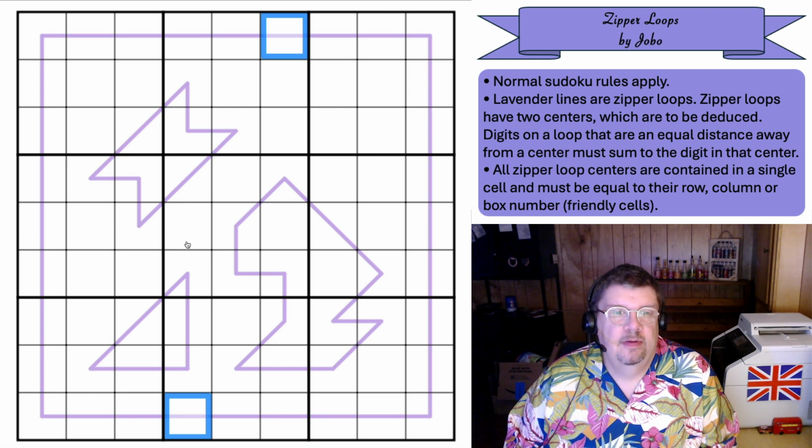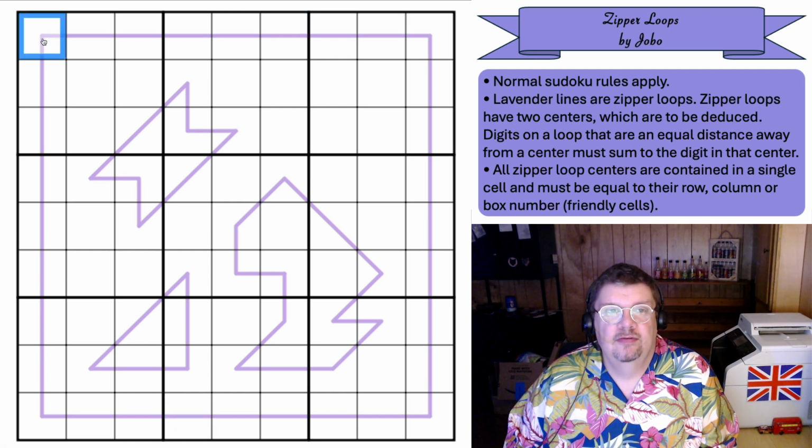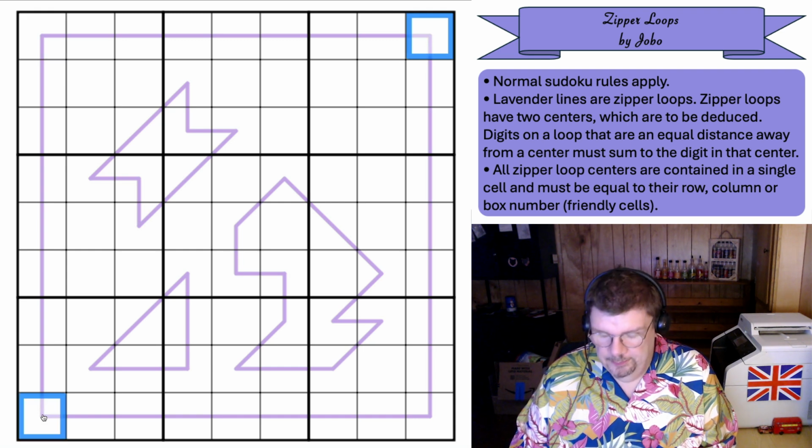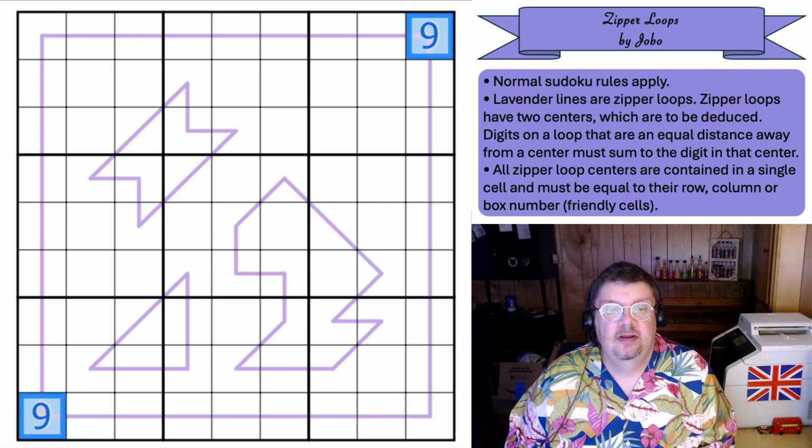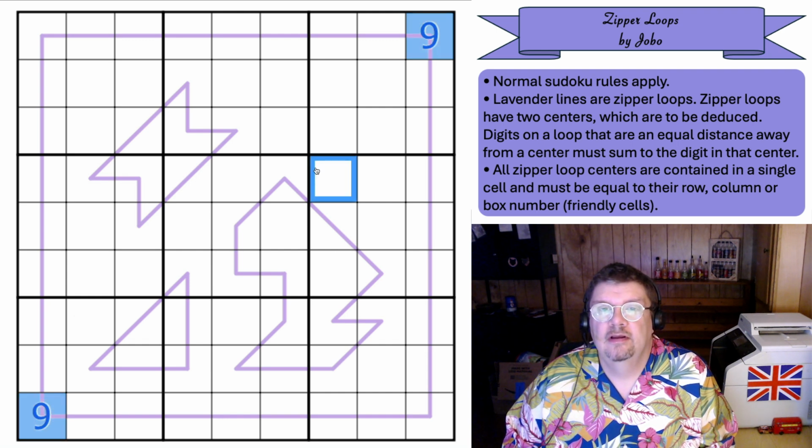But I can't do that because then I would have 4 9s on there, so there are only 2 9s, they are the centers. That can't be a 9 because if it's a friendly cell, it's in row 1, column 1, and box 1, and that would therefore only be able to be 1. So the only other place is these two. Those are the centers for the outer line, the outer loop.